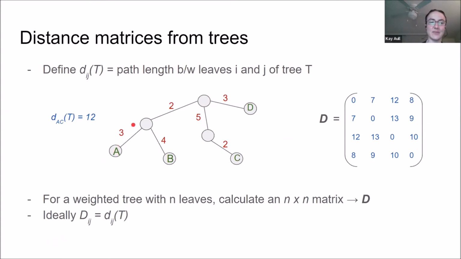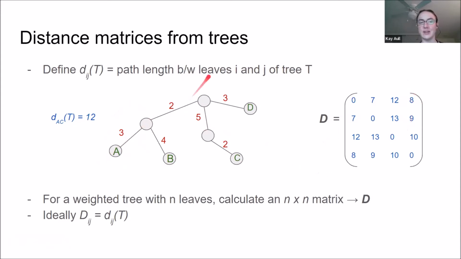You have your 3 to get to your common ancestor here, your 4 to get to your common ancestor here. You have a difference of 7 between A and B. What about A and C? 5, 10, 12 to get all the way over here. That's a distance of 12. And here you have 5, 8, and 8 in order to get here.